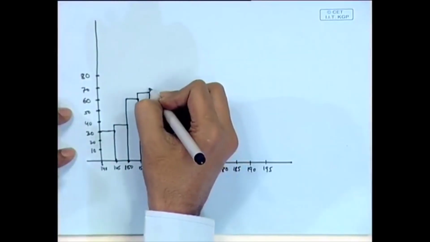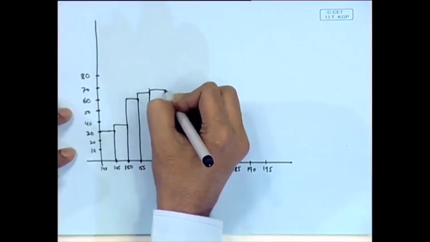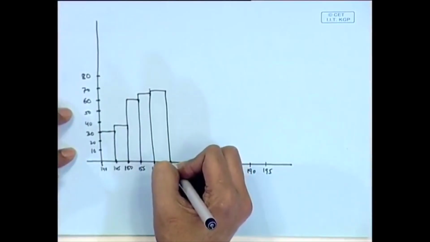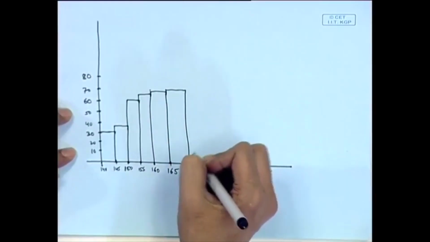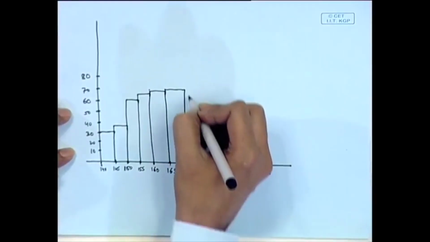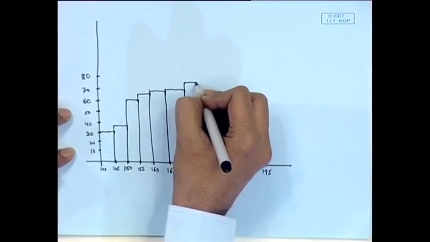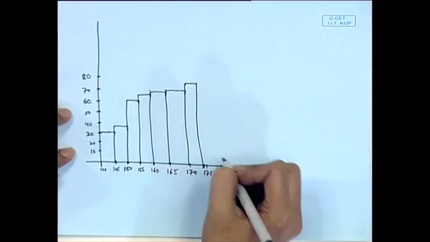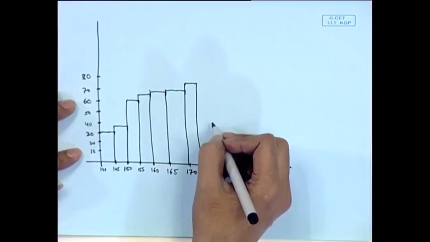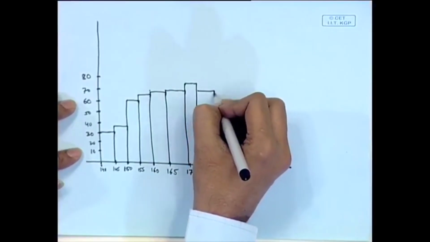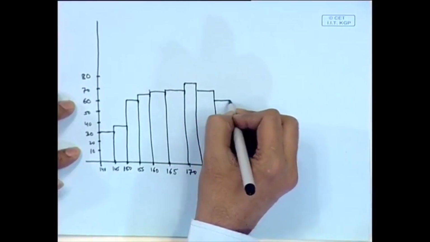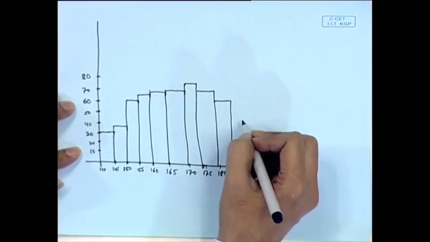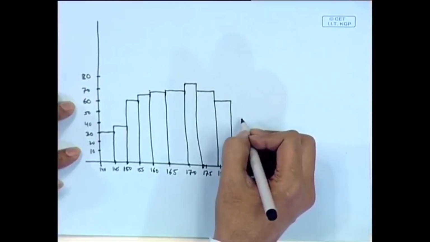Then next it is 67. 165 to 170 is 70. 170 to 175 is 75. 175 to 180 it is 70, and 180 to 185 it is 62. 185 to 190 it is 51.